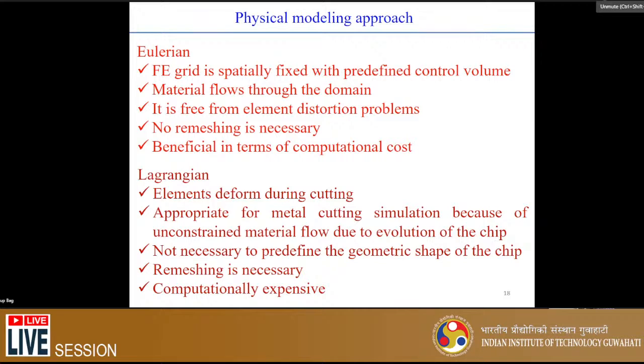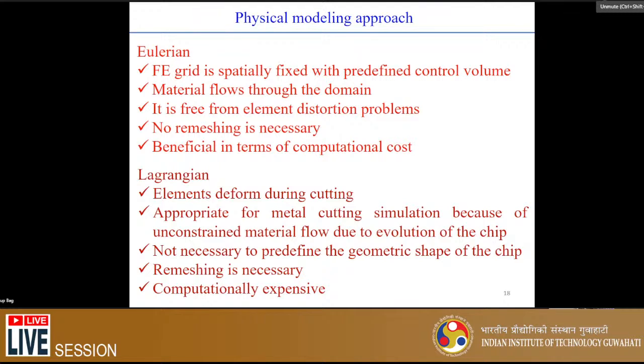Elements or nodes are at fixed positions, and you only represent the material passing through the node in terms of the velocity field at that node point. That's why no remeshing is required, and since the domain is fixed, the computational time is normally low in this approach.